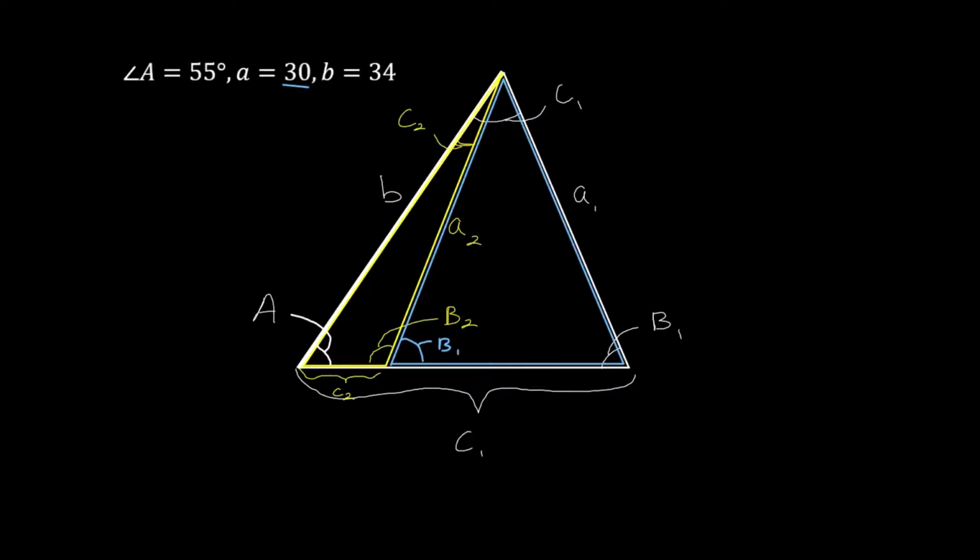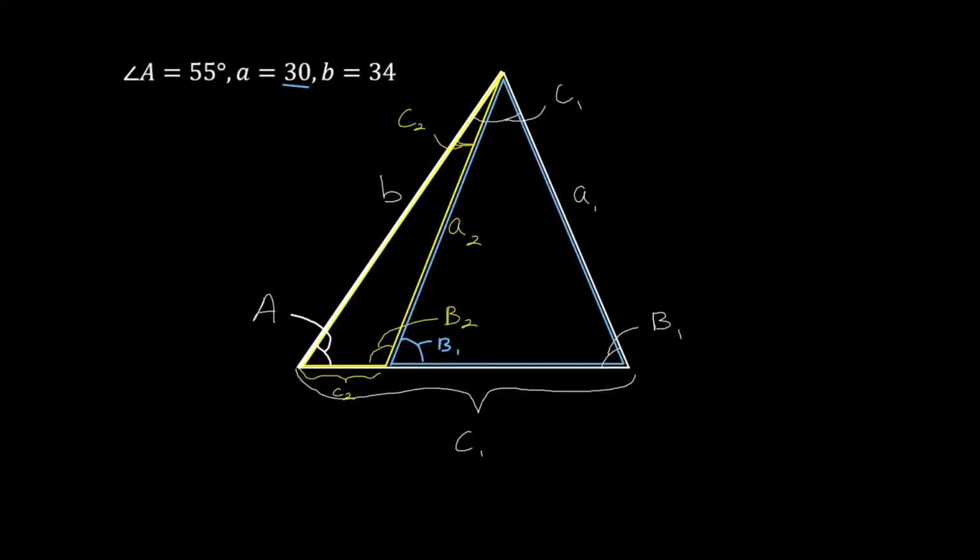And that's the key to solving these types of problems. You'll notice these 2 angles together make up 180 degrees. So if I take 180 degrees and I subtract B1, I should end up with my length of B2.